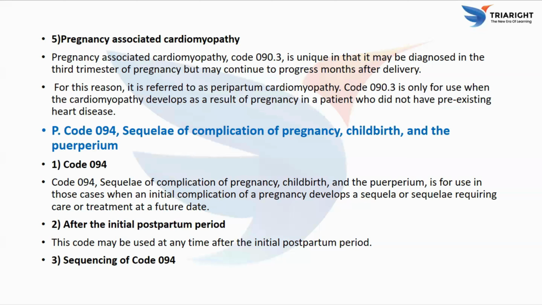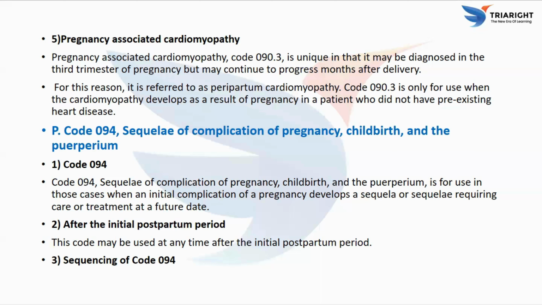What will be the examples? Cardiomyopathy that continues months or years after the delivery, chronic pelvic pain due to past delivery trauma, persistent hypertension due to past preeclampsia, scar or fistula after the obstetric injury. So O94 tells us the condition is a result of a previous pregnancy complication.